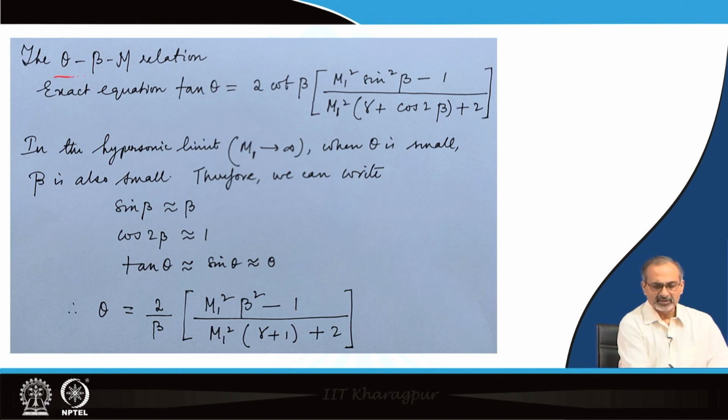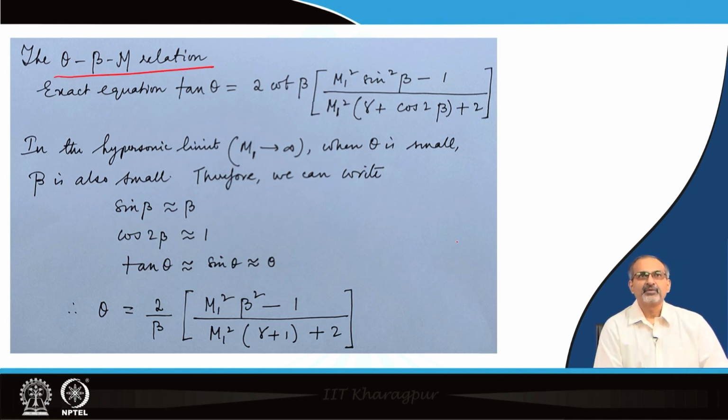Now, we recall the theta beta M relation. The exact equation is quoted on top, and then in the hypersonic or hypervelocity limit, more appropriately, when theta is small, beta is also very small. That you can recall from the theta beta M curves.